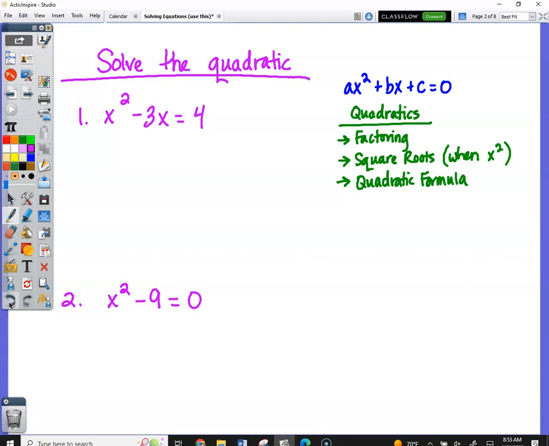With factoring and the quadratic formula, you want everything to one side, in standard form.